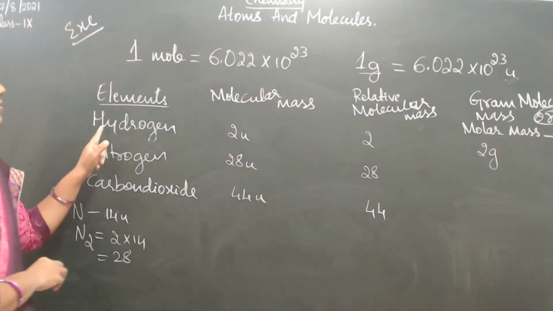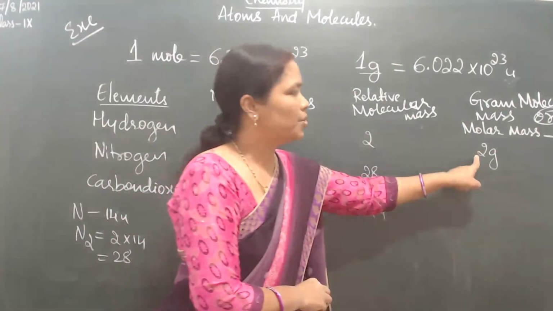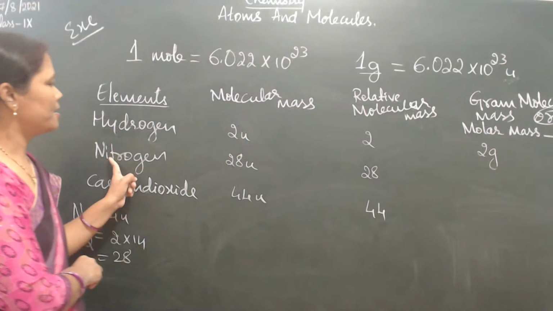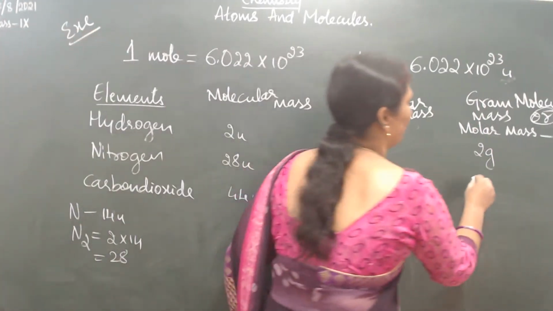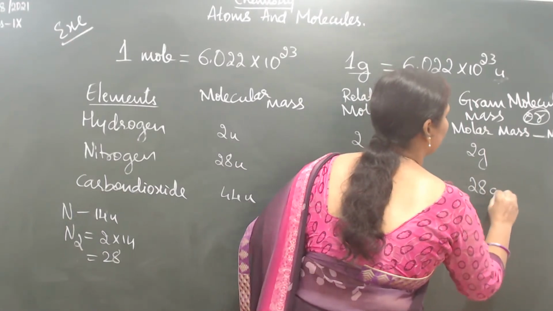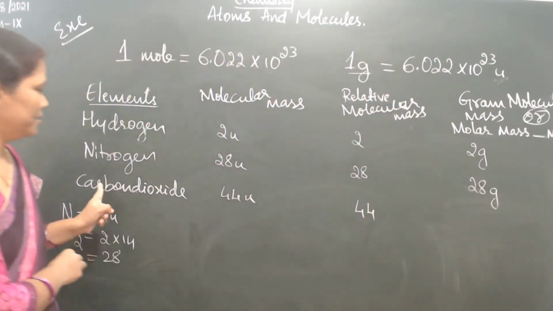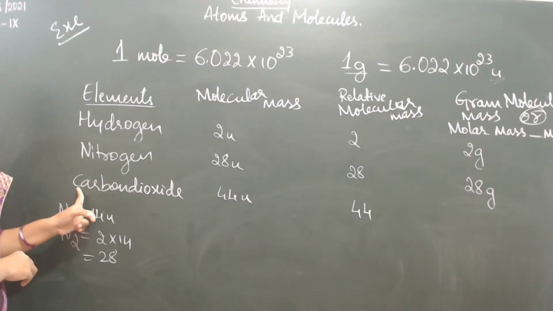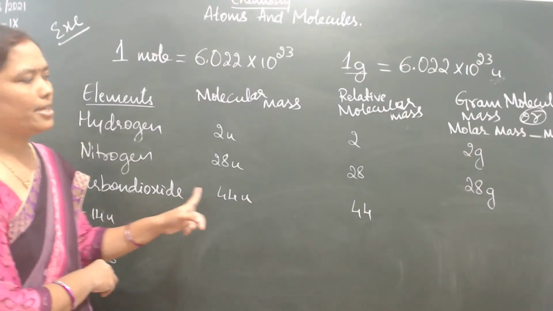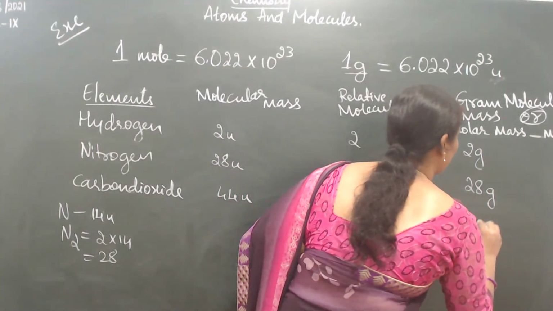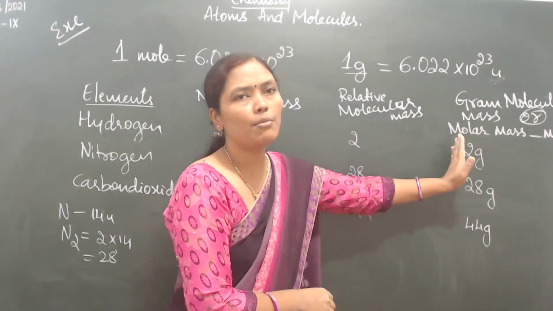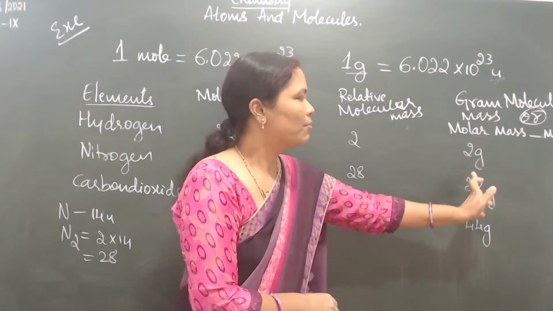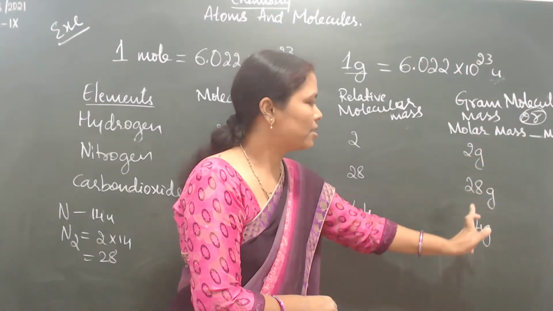Gram molecular mass of hydrogen is 2 G, of nitrogen 28 G, and of carbon dioxide 44 G. These values are also called the molar mass of hydrogen, nitrogen, and carbon dioxide.